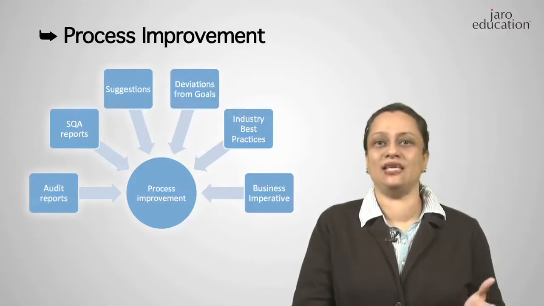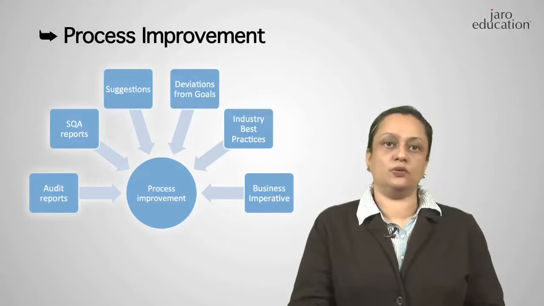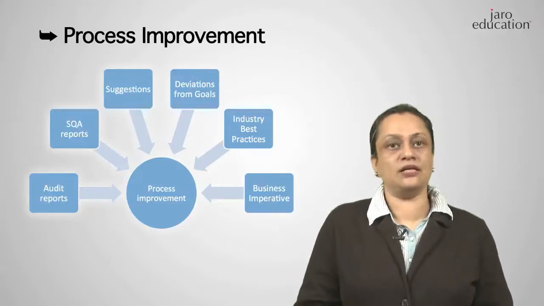So it could be anything that could trigger a process change. The way a process change is done, so this is the quality improvement part of the quality management activities, right? We've seen quality planning, we've seen some of quality assurance, we will see quality control, that's testing, in the subsequent phases. This is the quality improvement part of the quality management entity.